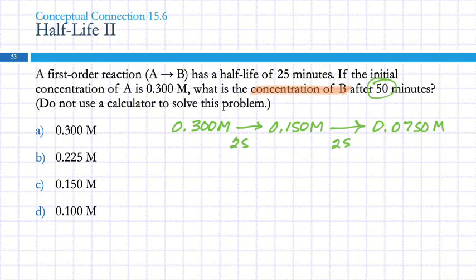Well, so this is the concentration of A. So how much A reacted? So we started with 0.3, and now we've got 0.075. So how much reacted is the difference between those?